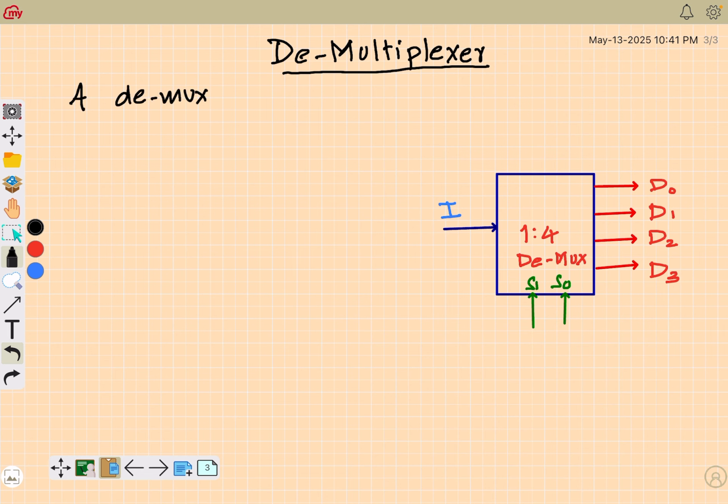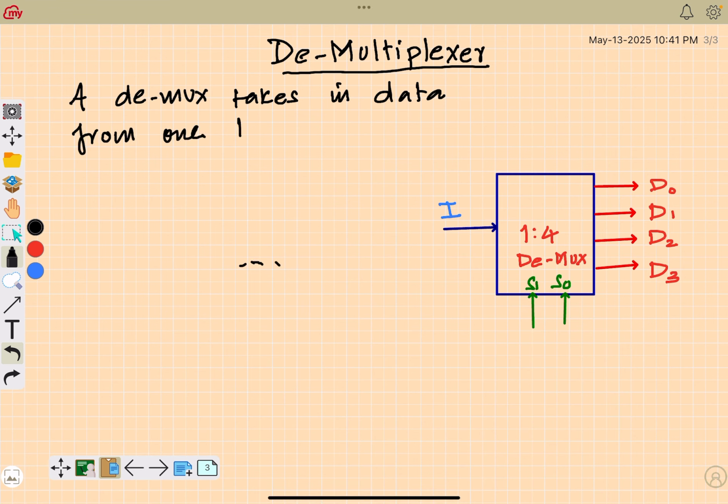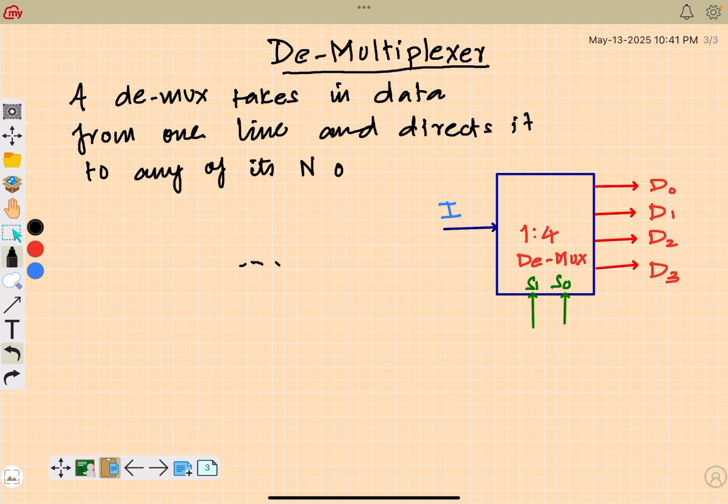it takes in data from one line and directs it to any of its n outputs.